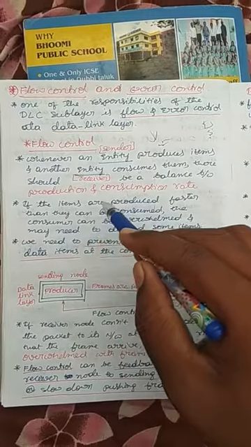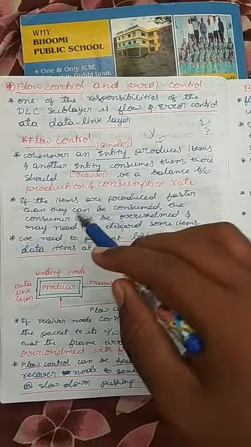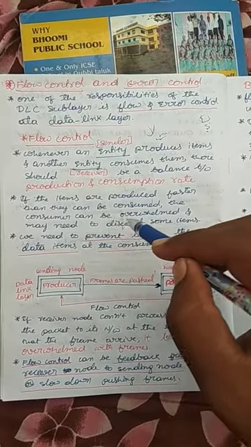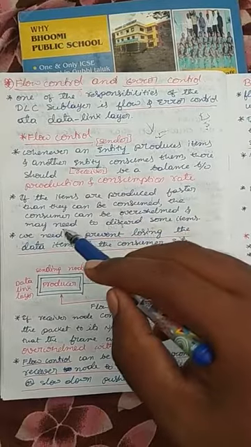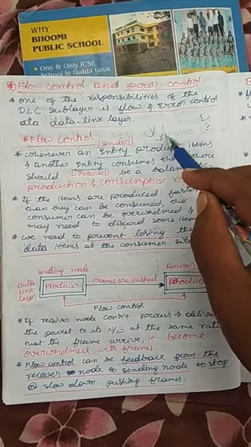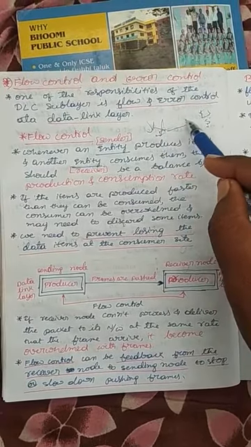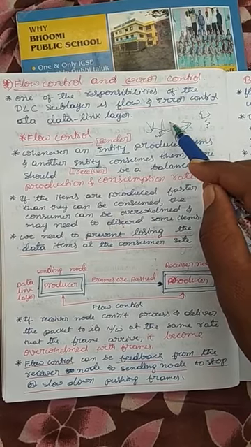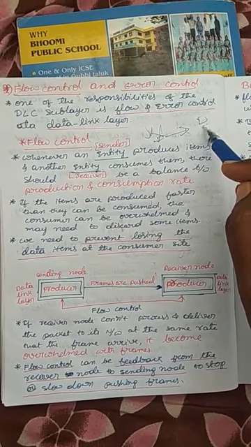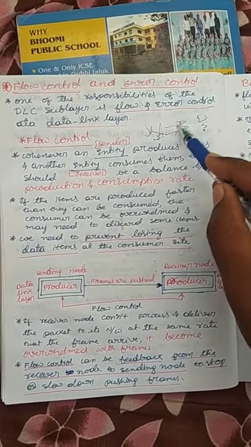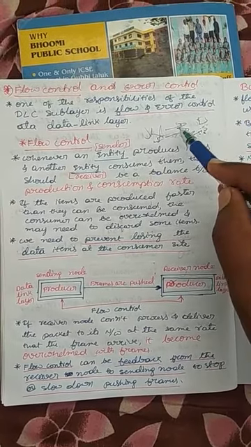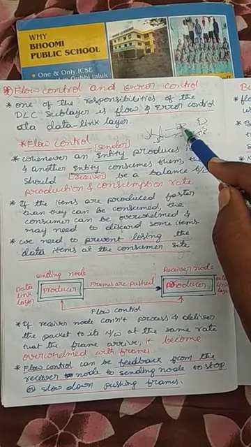Suppose the items are produced faster than they can be consumed. The consumer can be overwhelmed and may need to discard some items. Means the sender sends items at a very fast rate, but B is slower in consuming them.